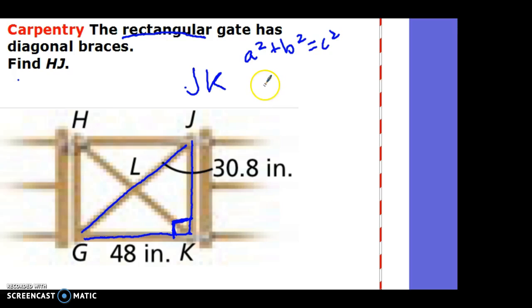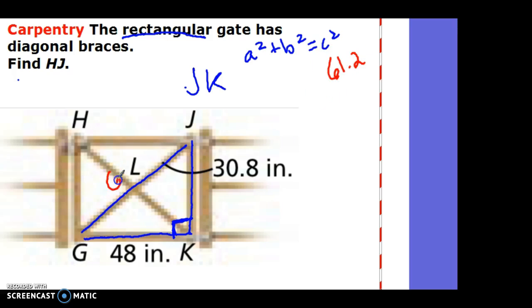Now, does anyone think they can fill this in? Anyone want to give it the old college try? What does c have to be in the Pythagorean theorem? It has to be the hypotenuse. Do we know the length of the hypotenuse? 61.2, right?